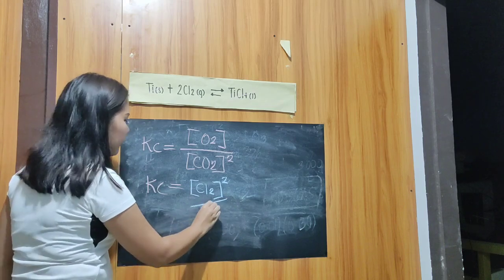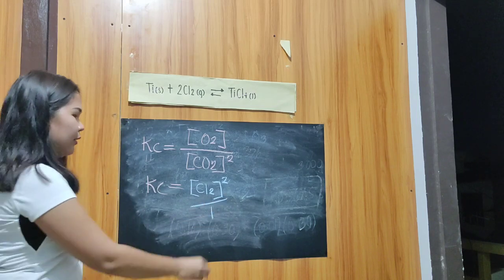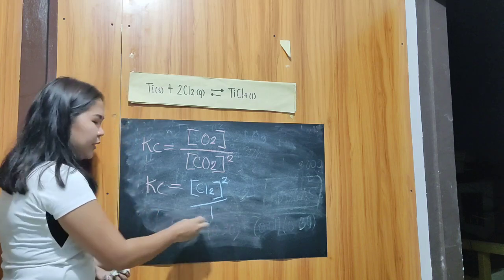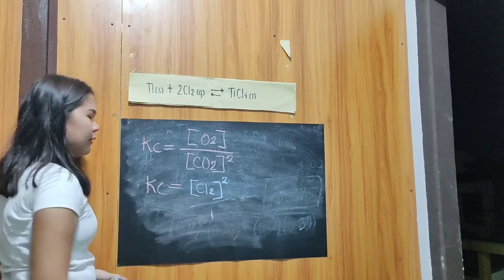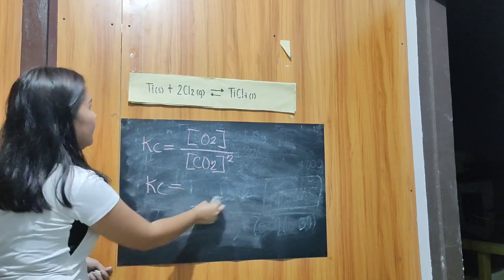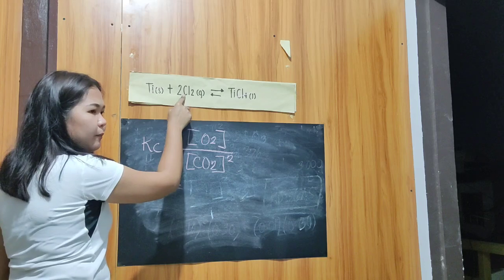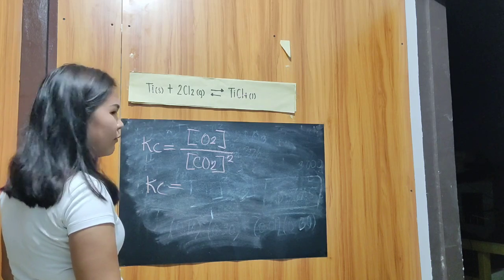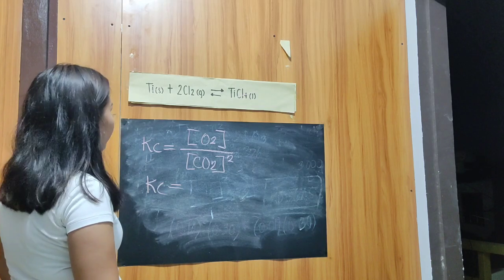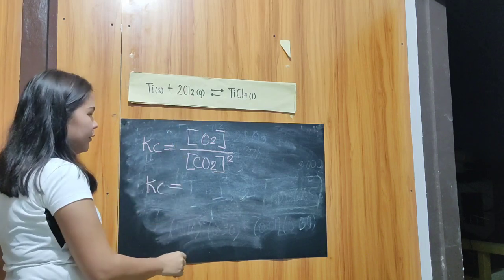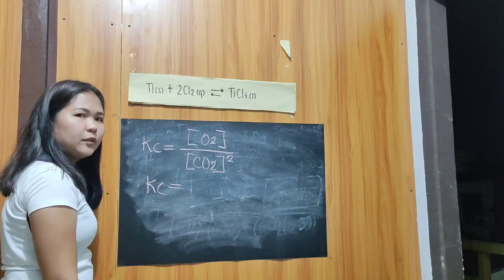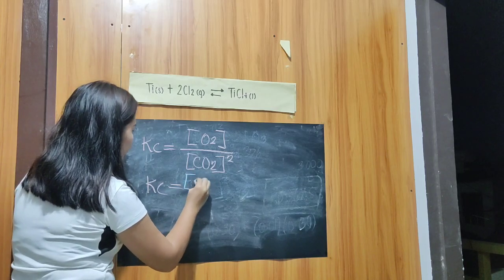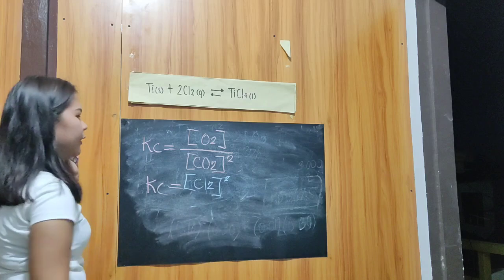Meaning, you have one as the denominator. Why would we make the denominator one, when we have no product? So that is wrong. Is this one correct?